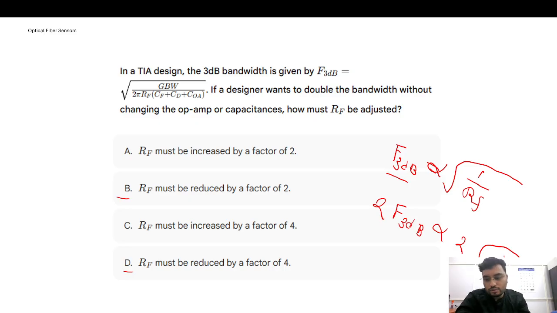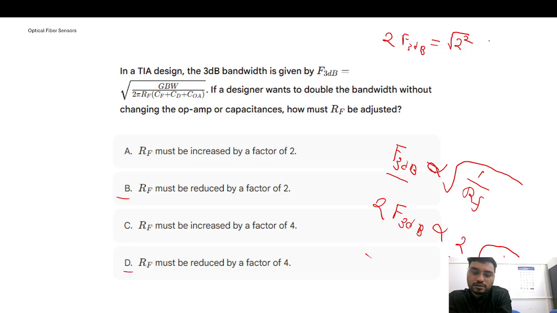Now if you are taking 2 under the root, how will it be? Let me write properly, it is not looking good. Just a second. If you have 2 F3 dB, so under root 2 you need to write like this.